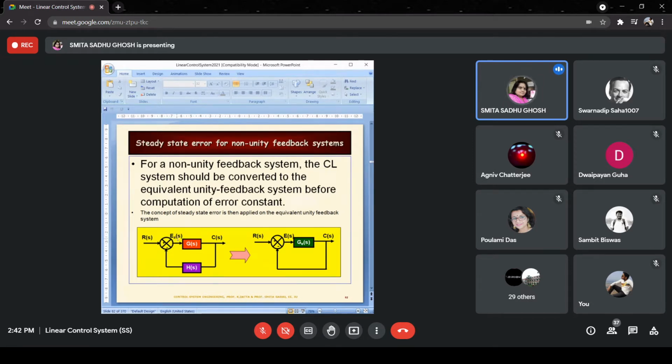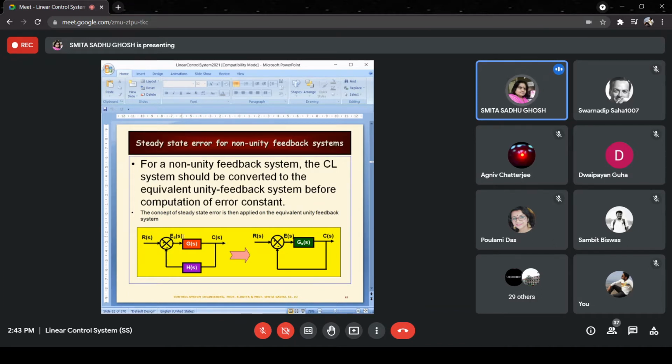Basically, this signal is not the error. We define error as the difference between input and output. But over here, this signal is equal to input minus H(s) into the output, right? So it's not simply the output. So that is why this is E_a(s), that is the actuating error, not the error.